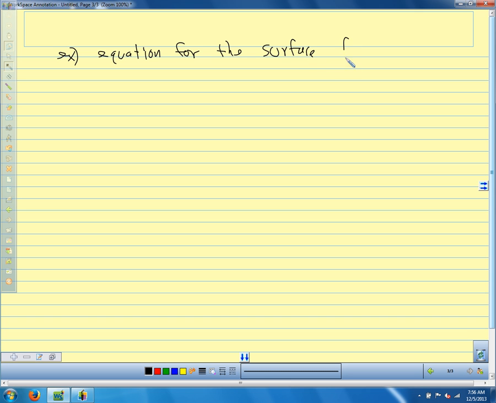And we're going to form it by revolving z equals the natural log of y about the z-axis.